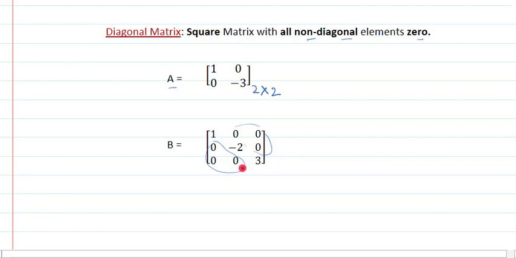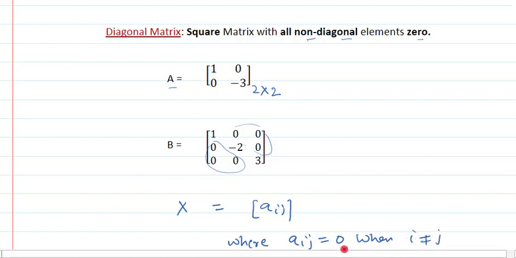So this type of matrix is called diagonal matrix, and in general, a diagonal matrix can be defined as, let me name this as X, X is equal to Aij, where Aij is equal to 0 when i is not equal to j. So in general you can define diagonal matrix in this way.